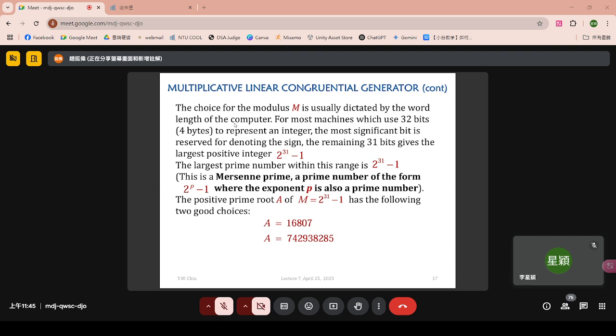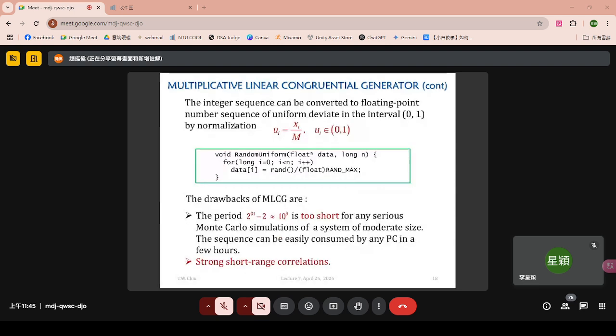It may not be exactly the same, it may have some other added features, but basically that is the algorithm. Then you divide by this m, so it turns into a floating point number between 0 and 1.